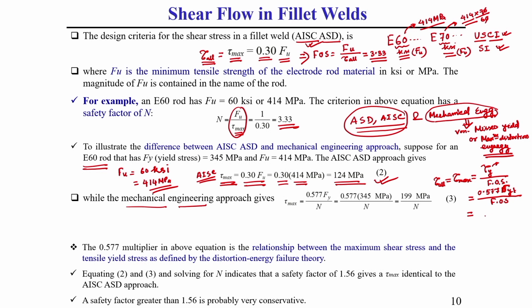Here, sigma yield is the yield stress of the electrode material, which generally has a value of 345. So, 0.577 into 345 divided by n.